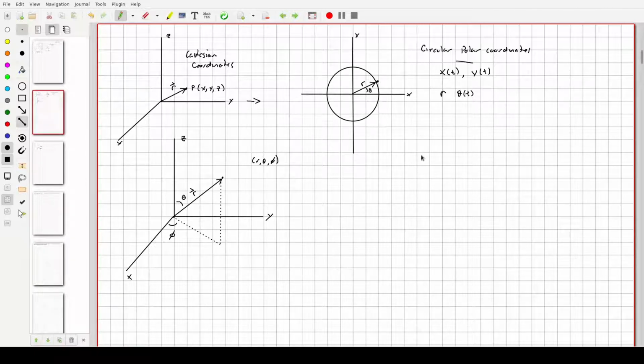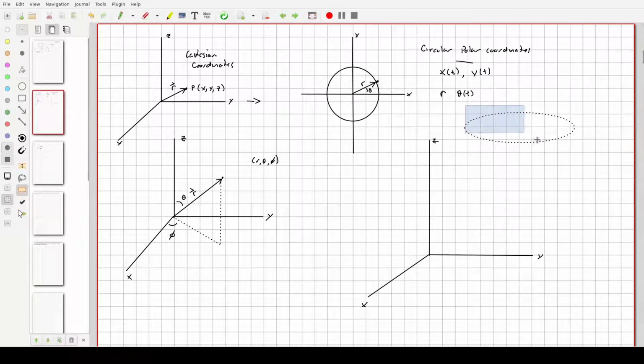So another coordinate system that you see used is something called cylindrical coordinates. So let me draw a coordinate system here real quick. Like that, your axes, here's z, here's y, and here's x. Let me draw sort of the circular path that this thing takes as it goes around, we'll say.